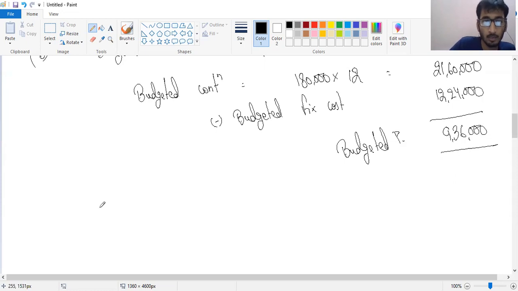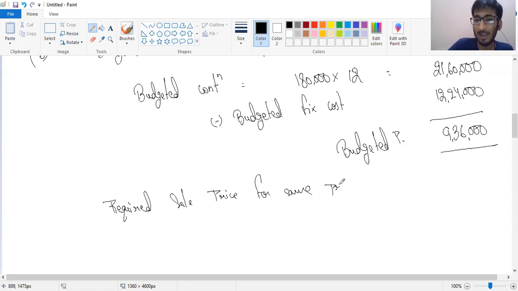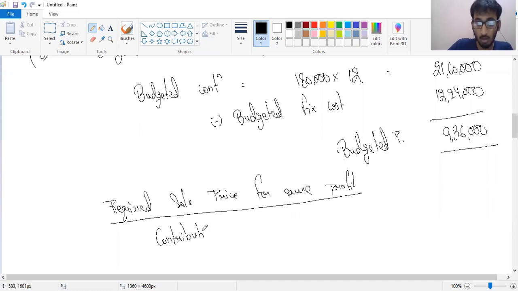So I can say the required sale price for the same profit, or I can say contribution, because fixed cost is not changed in this question. So what is the contribution per unit?